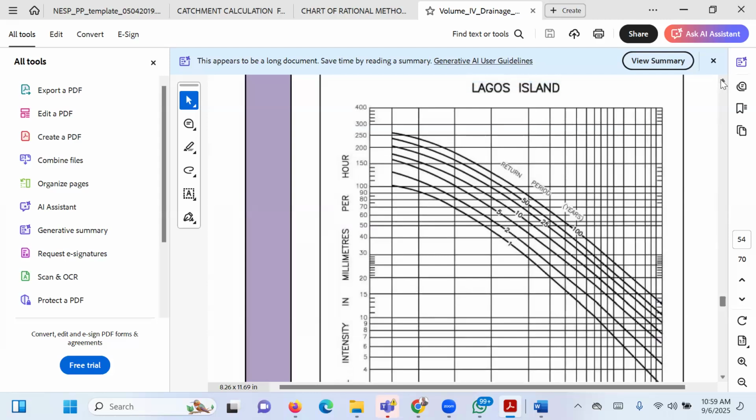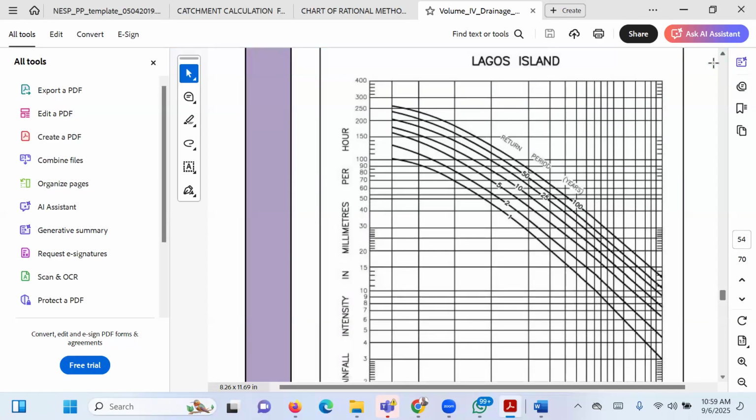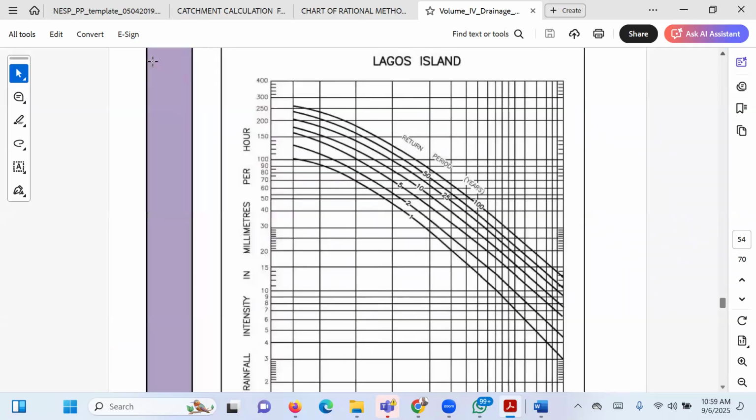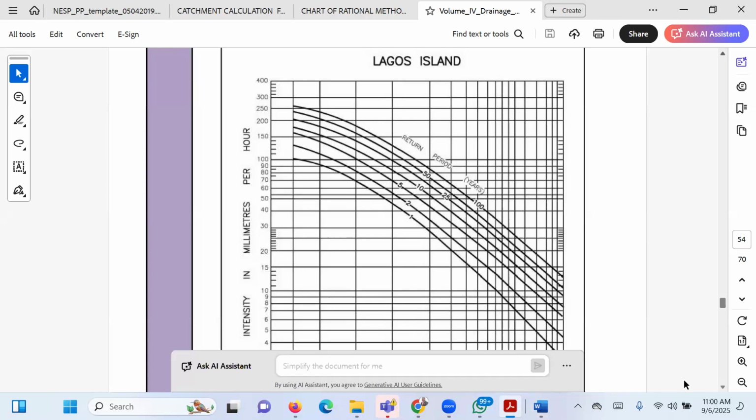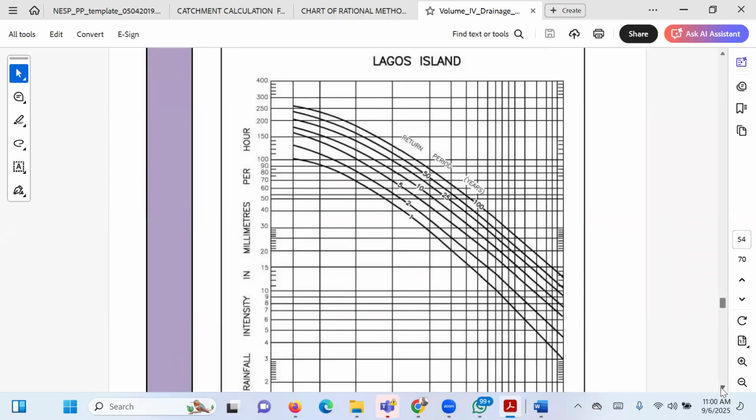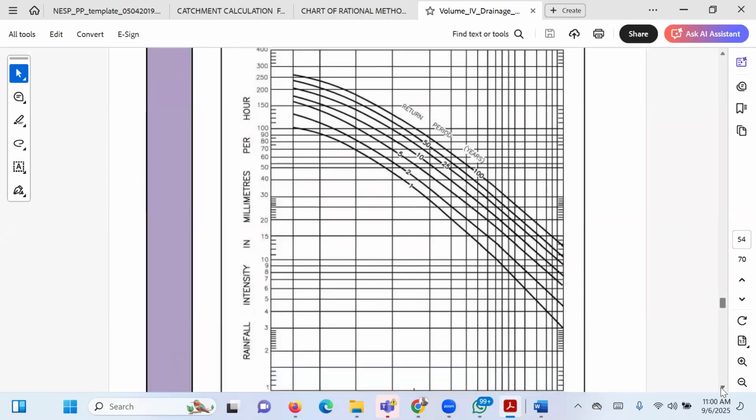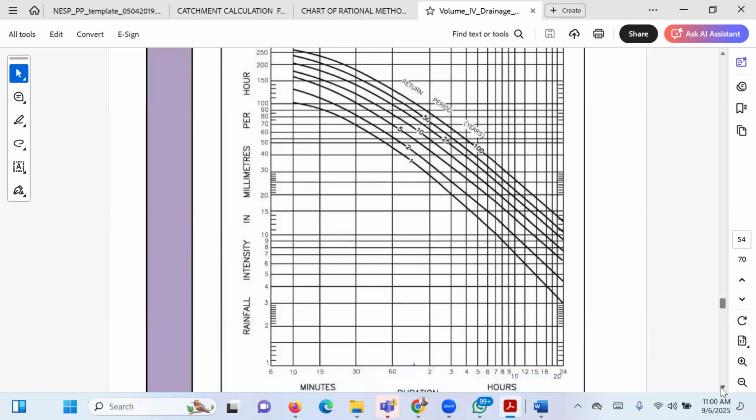Like I said, this was an issue for designers until the Federal Ministry of Works 6 years ago came up with this standard design chart. So you don't have to go and start asking River Basin or asking people what the value is for this place. No, you have it now, standardized, which is a very commendable thing, and it's so wonderful.